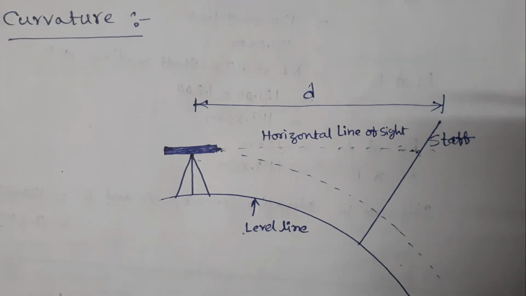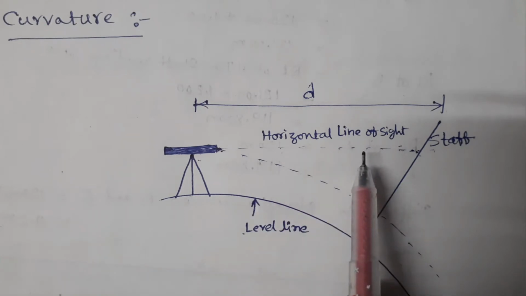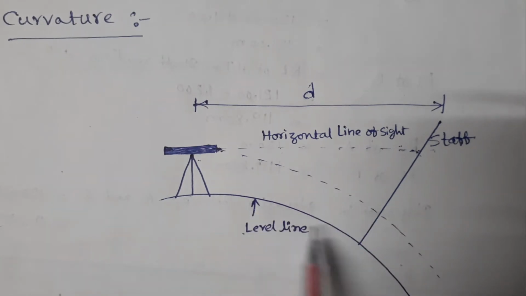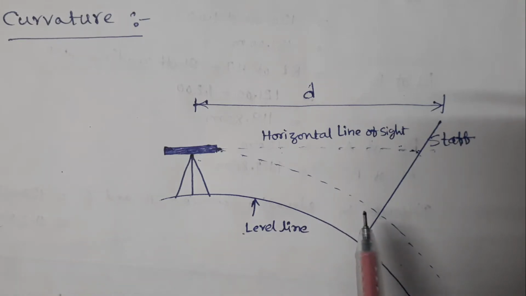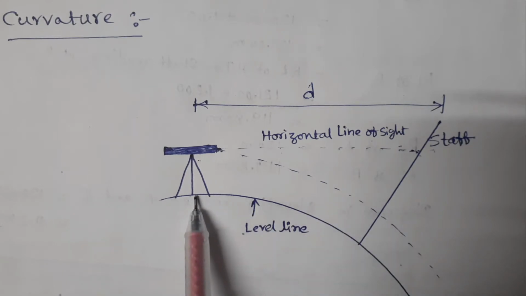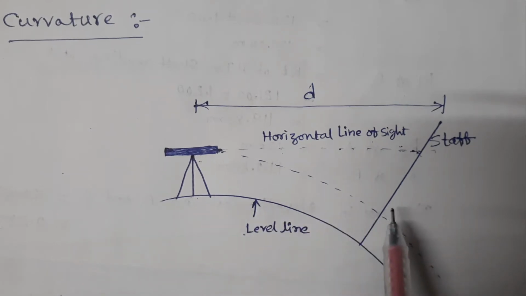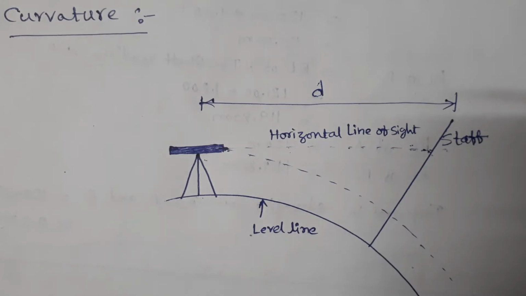There is no need to do the curvature correction when this horizontal line of sight coincides with this level line, but there will always be a curvature correction when the instrument and the staffs are located at a larger distance.